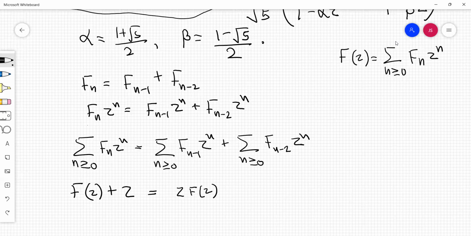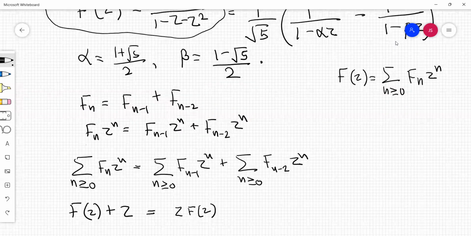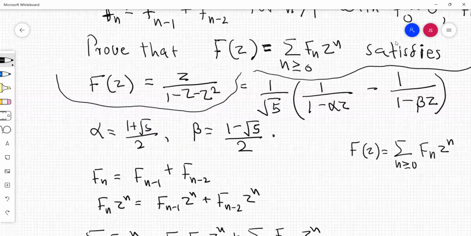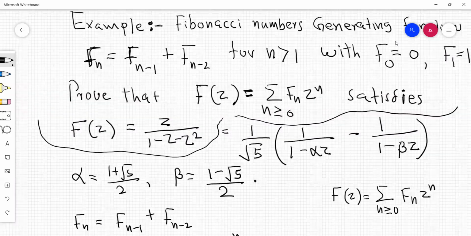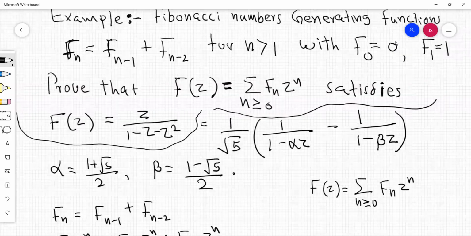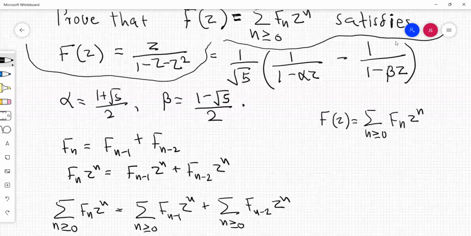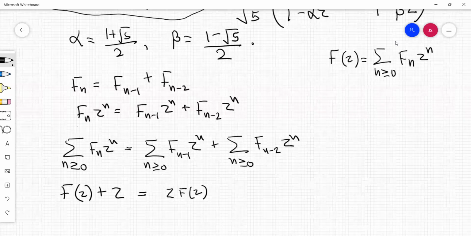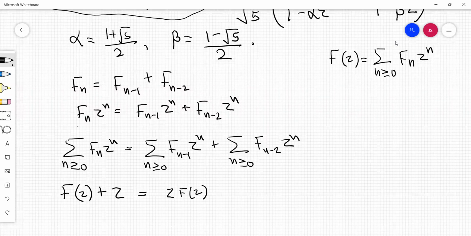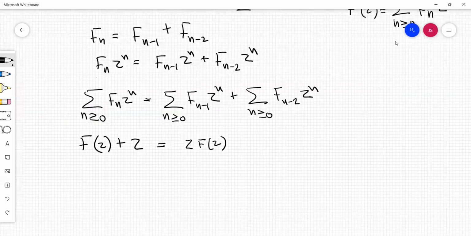In the problem, n should be greater than 1, right? So throughout the whole process, n should be greater than 1? No, n is greater than or equal 0. F0 is there, right? F0 equals 0. Okay, yeah. You must be careful in handling this one.